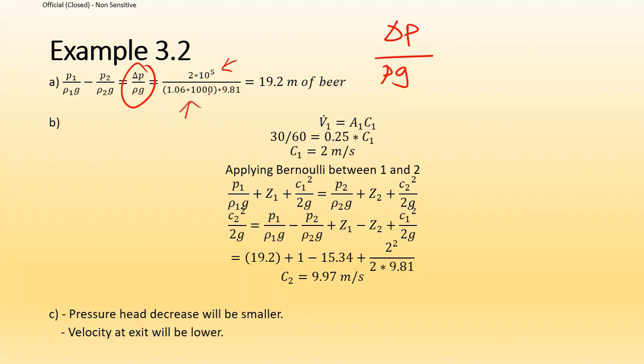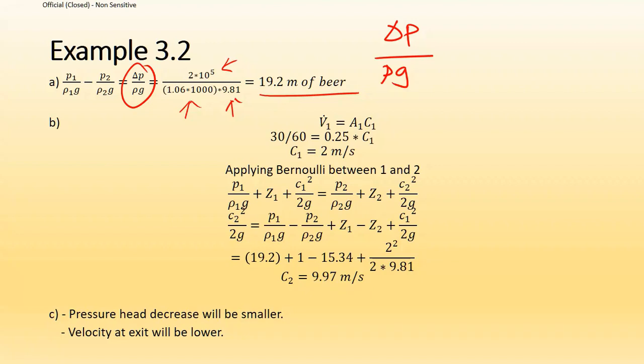Rho is the density of the beer, and 9.81, so it's equivalent to 19.2 meters of beer. That means the total drop in pressure from inlet to outlet is equivalent to 19.2 meters of beer. Again, we are not going to talk about energy, we're not going to talk about pressure directly, but instead we are going to associate it with something called the head with the units as meters.